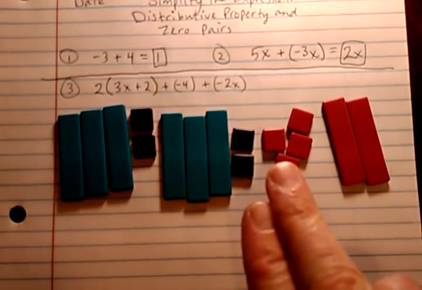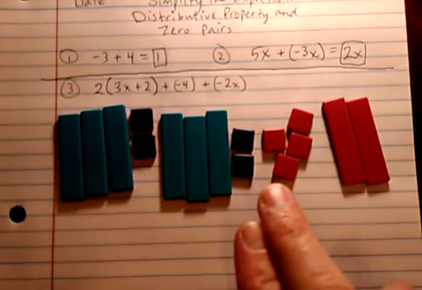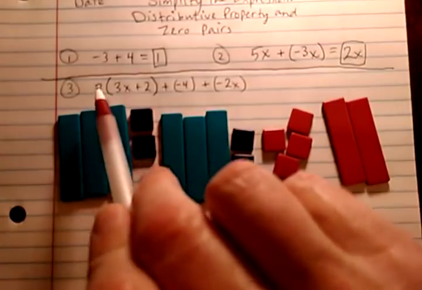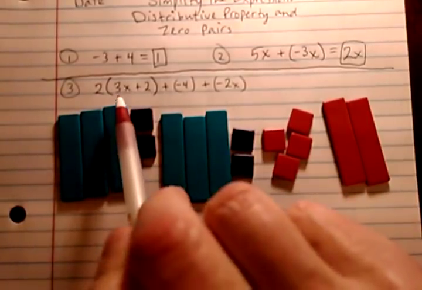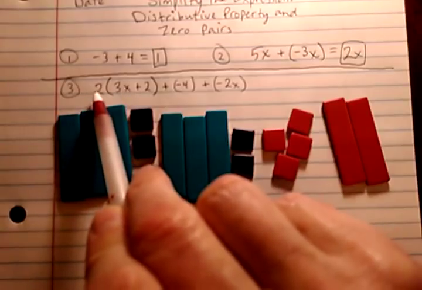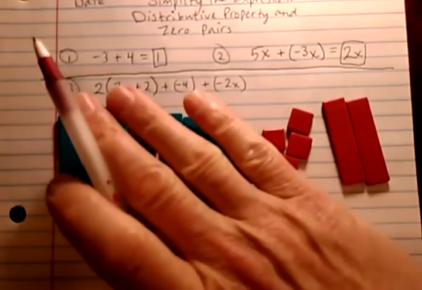Okay. So using distributive property, we can show that the 2 times the 3x plus 2 is really not just 3x. Because we multiplied times 2, it came out to 1, 2, 3, 4, 5, 6 x's.